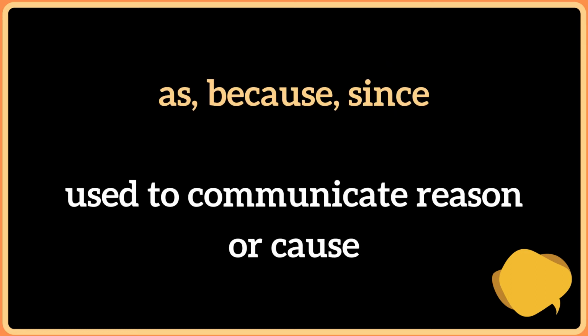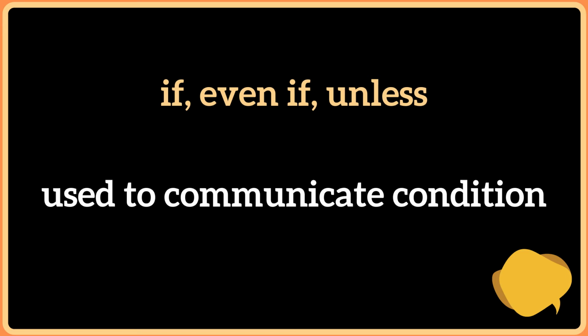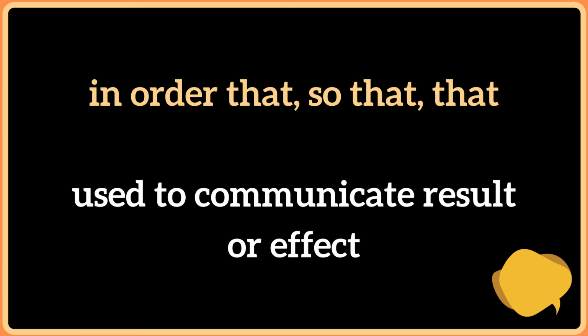As, because, since are used to communicate reason or cause. If, even if, unless are used to communicate condition. In order that, so that are used to communicate result or effect.